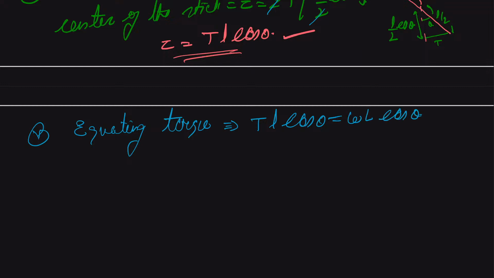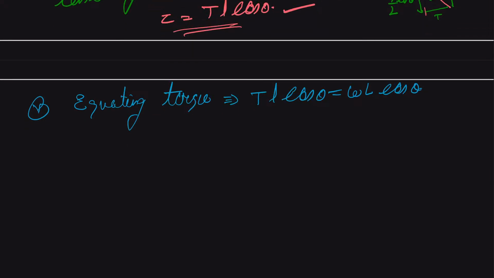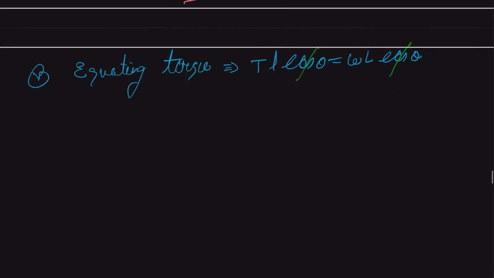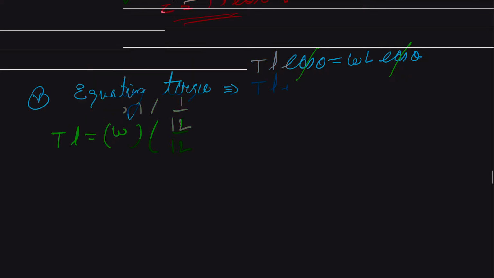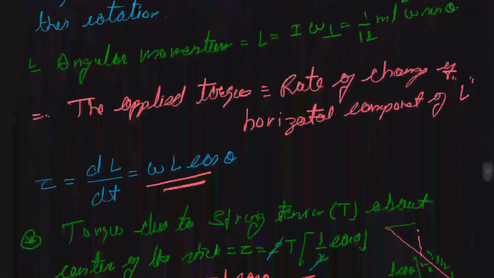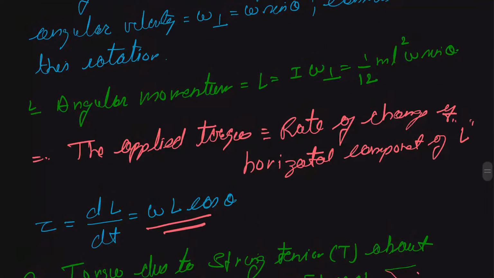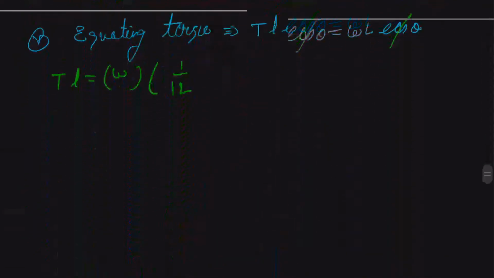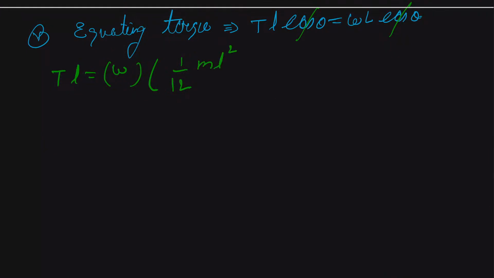We can just cancel out cos of theta, and we substitute value of our L. So we get this as our TL, and omega L is our 1/12 ml² omega sine of theta.